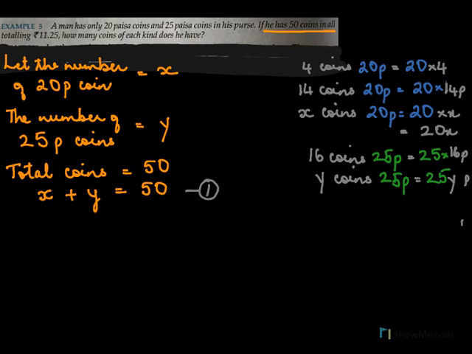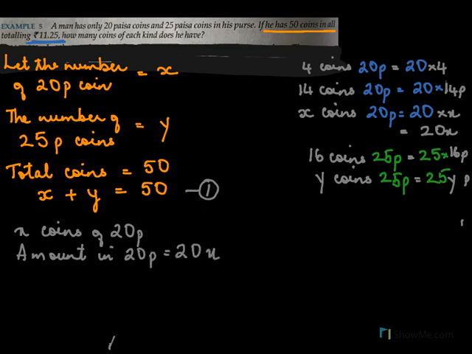There is something else he has said. He said that the total amount was 11.25. Now here we see he has x coins of 20 paise. Therefore the amount in 20 paise will be 20x.